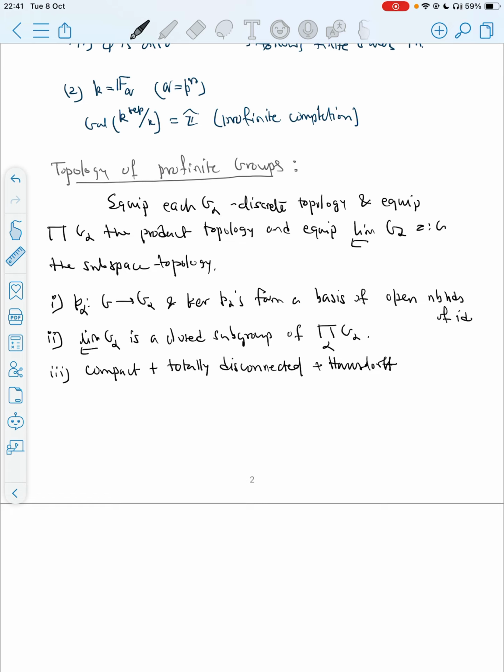Okay. And this inverse limit G is a topological group that's compact, totally disconnected, Hausdorff. And its open subgroups are precisely the closed subgroups of finite index.